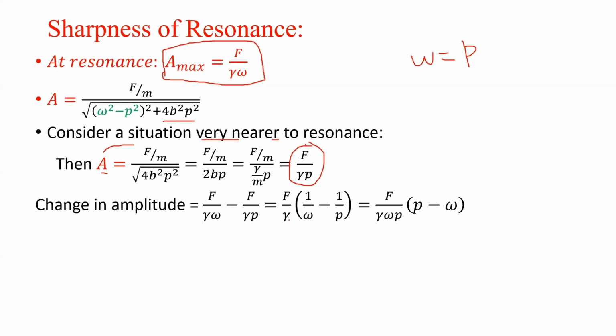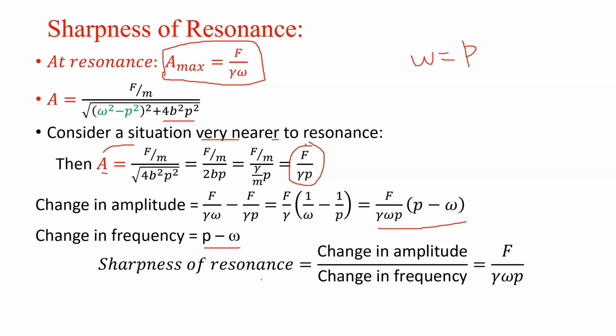If you take f by gamma common, 1 by omega minus 1 by p, then we can simplify that value, and it comes like this. Now, what is the frequency at resonance? omega. What is the frequency nearer to that one? We named it p. So the change in frequency is p minus omega.